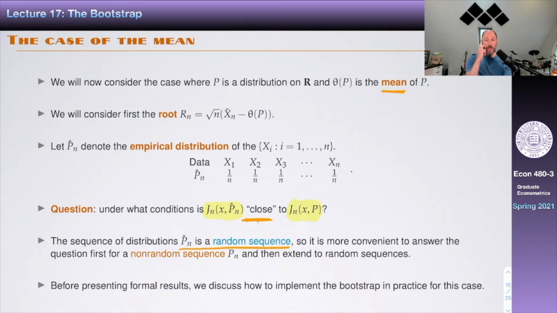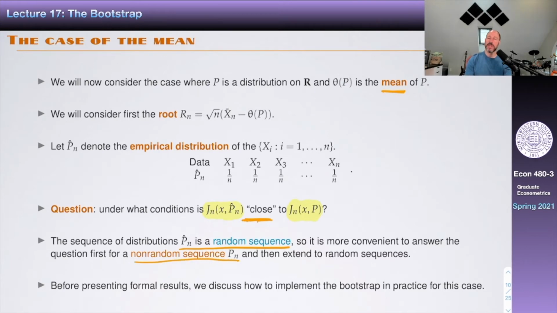So one way, this is not the only way, but it's the way that I like to think about the problem, is to split the argument. First, we're going to prove things for a non-random sequence that I'm going to call Pn.